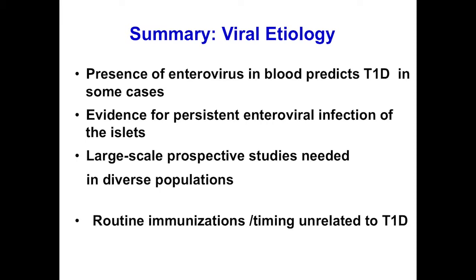Evidence of persistent enteroviral infection has been demonstrated in islets of newly diagnosed patients, and we still need much more work to figure out if and how the virus can cause, specifically enterovirus, majority of cases of diabetes.